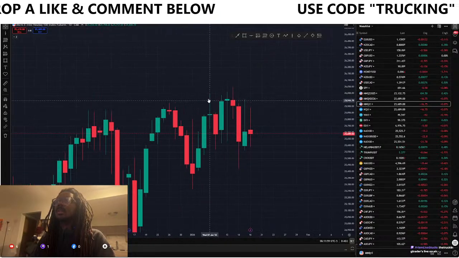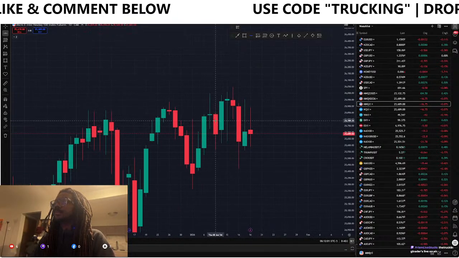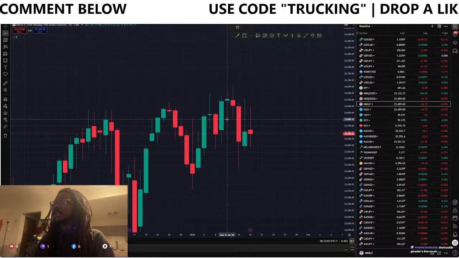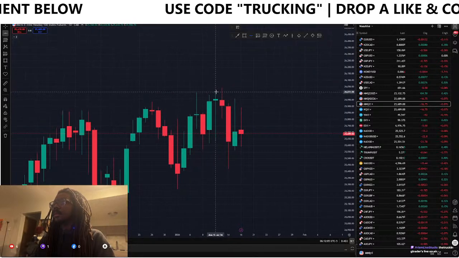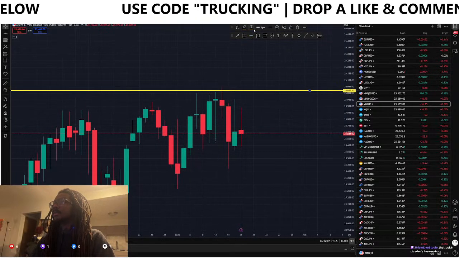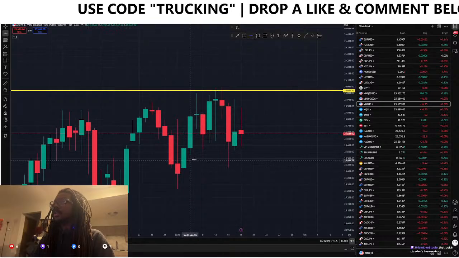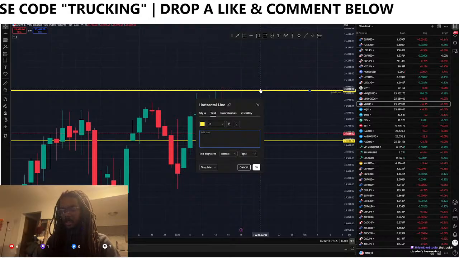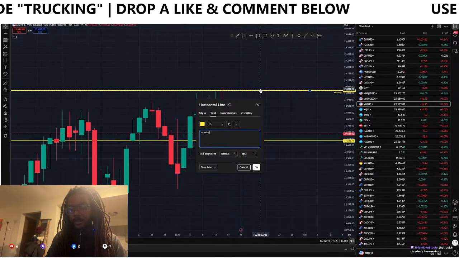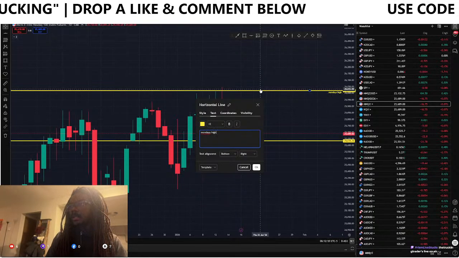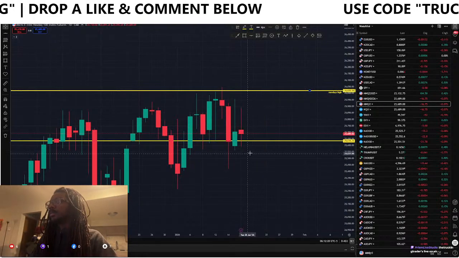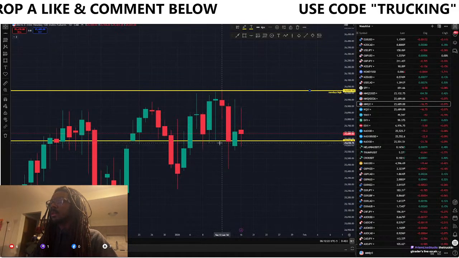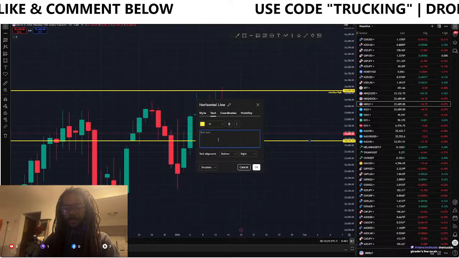Okay, so what I'm going to do instead, here's another way you can do it. When you're back testing, you can put a horizontal line and then you can label it. So I'll say Monday's high, because when we're back testing, we're going to be looking at the liquidity.